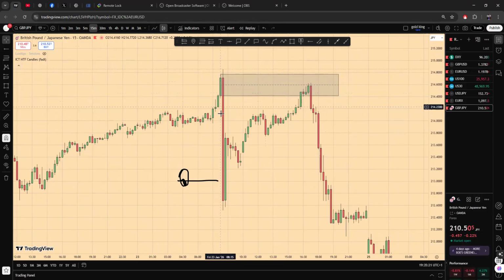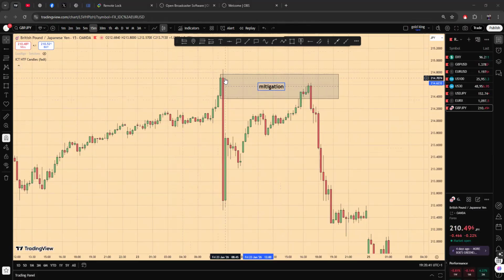So what happens is that they are going to bring price back to that order candle to do what we call mitigation. You know what mitigation means?